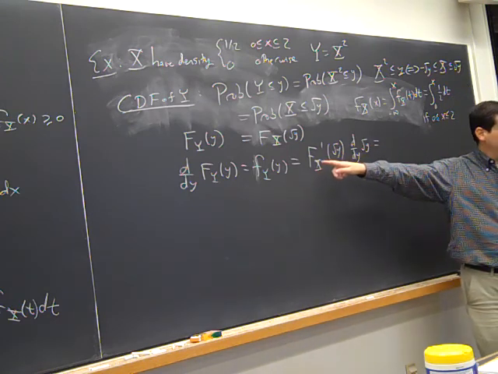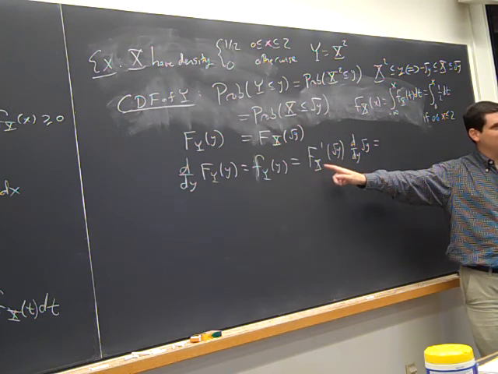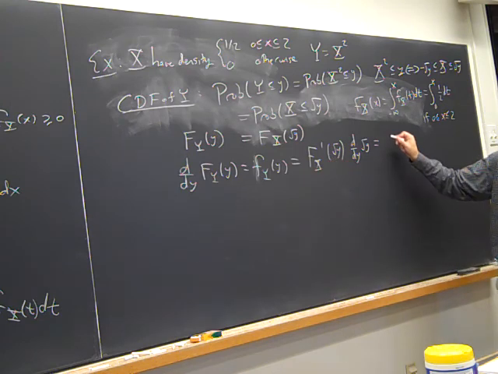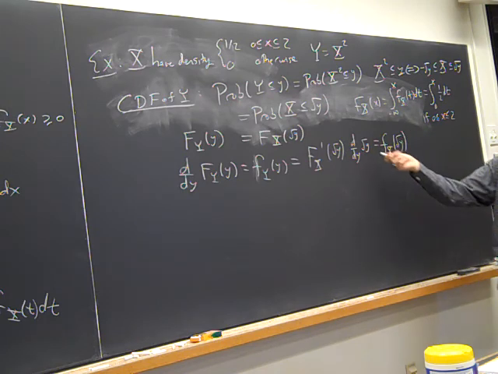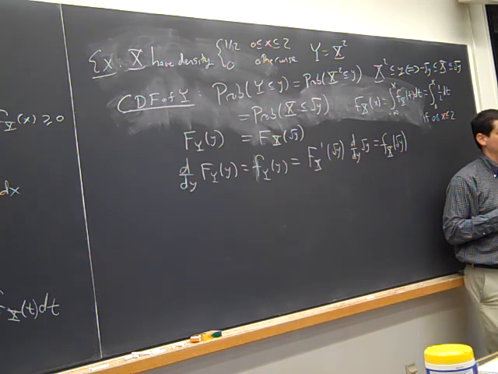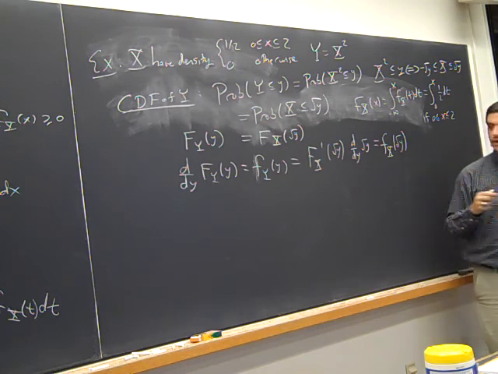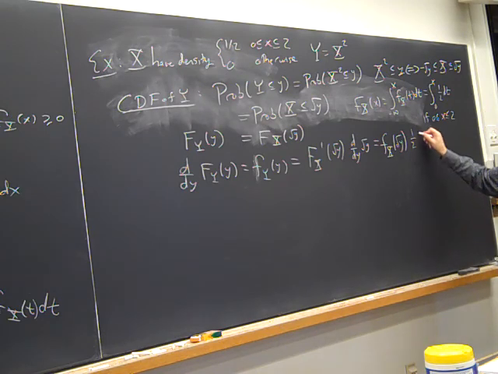Now, the derivative of the integral of little f of x is just little f of x. So we just get fx of square root of y, and now we have the derivative of square root of y. That's y to the half, so it's going to become 1/2 y to the minus a half.